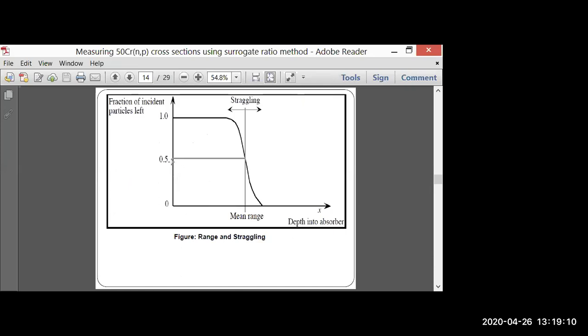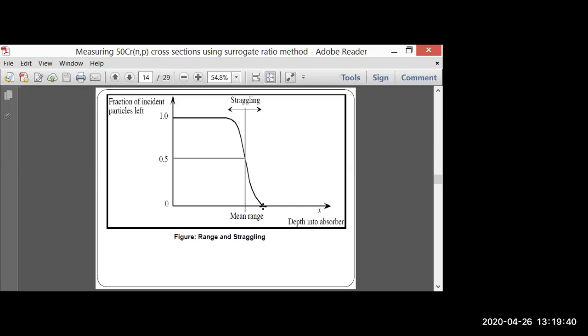The y-axis of this curve shows the fraction of incident particles left, right? So one means that at this point you have, suppose, 100 particles in the beam. So you have all 100 particles in the beam material, and as you travel inside the material, you come up to this point and you are gradually decreasing your incident particles, and at this point you are almost at zero.